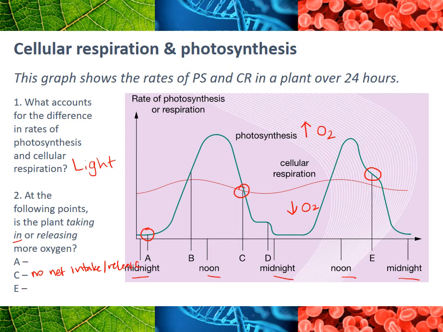Okay, so in point A, the plant is taking in oxygen because it needs oxygen for this process and it's not able to produce it in photosynthesis. At point E, we're back over this line now, so photosynthesis is occurring at a higher rate than respiration. Some of the oxygen gets used by respiration, but the additional oxygen gets released by the plant. So it goes out into the atmosphere.